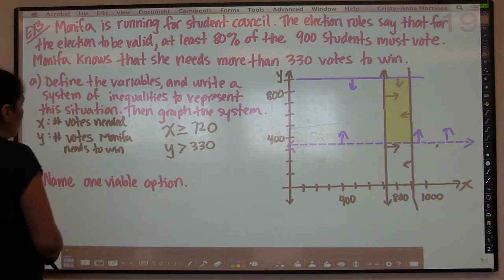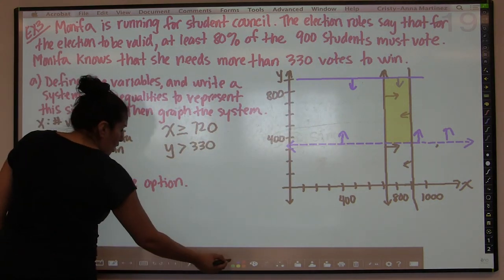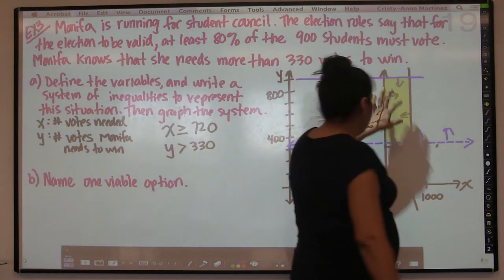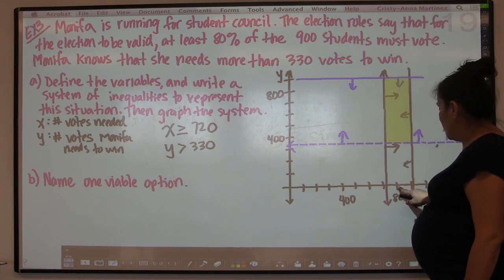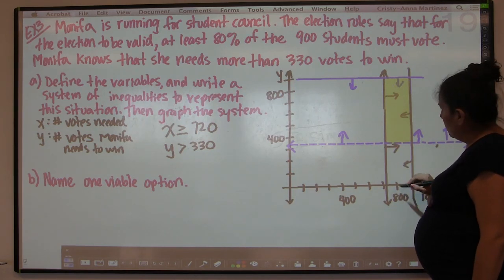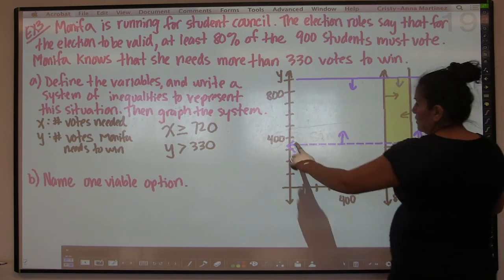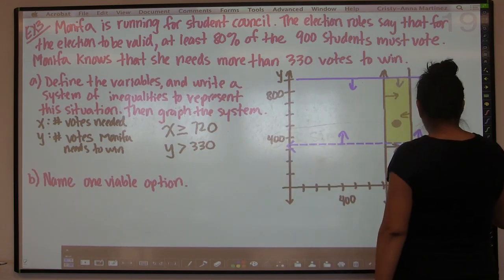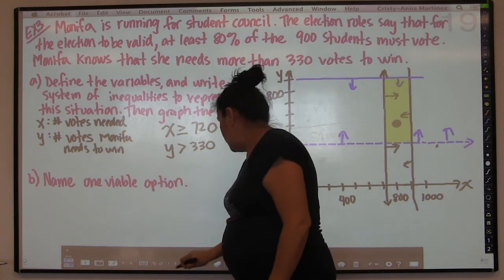And then it says, name one viable option. That's easy to do. All you have to do is find one point that would be in this area. So for example, 800 is in between these two. So we can say 800, and this is 500.